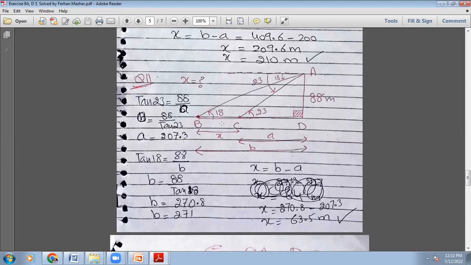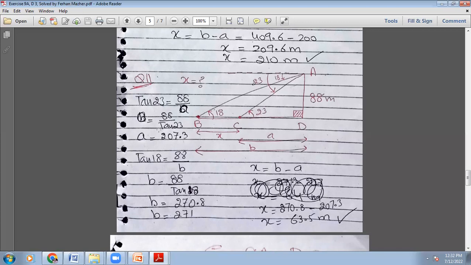The distance between the boats will be B minus A. So 270.8 minus 207.3 is 63.5 meters.